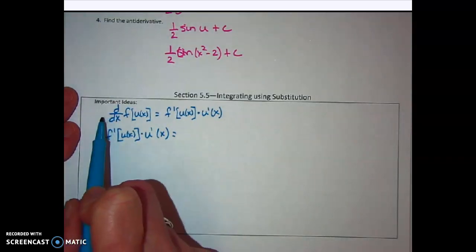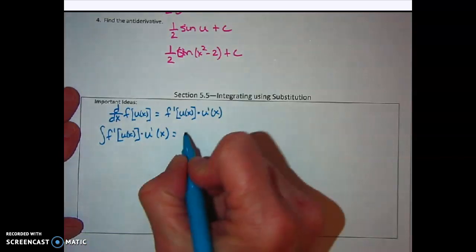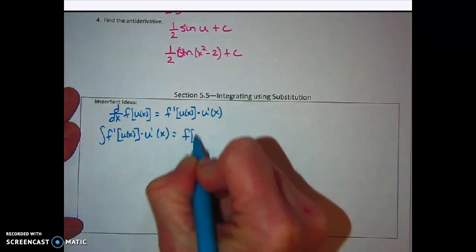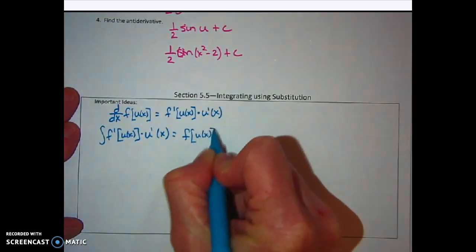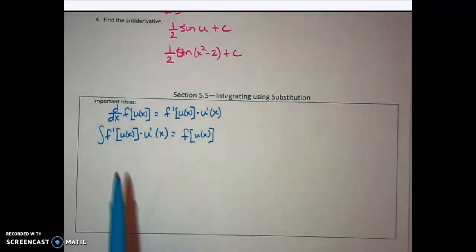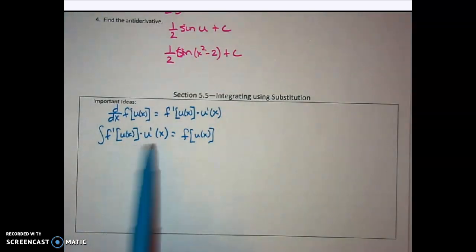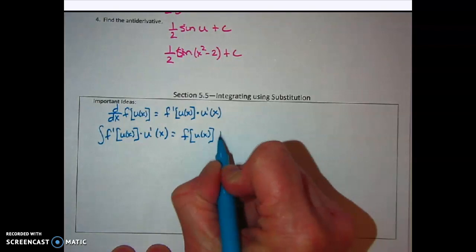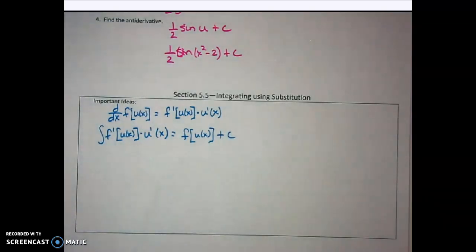And remember that the derivative and the integral undo each other. So that's just going to equal f of u of x. And so in order to take an integral, I need to have the derivative of the inside part of that function. And then with an indefinite integral, don't forget your plus c.